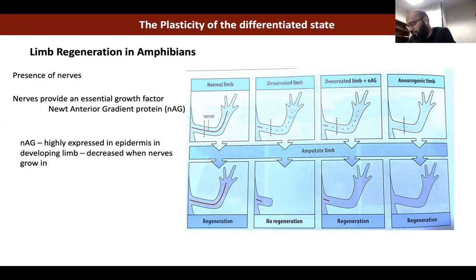So that's why they grew normally. So this dependence on innervation is basically imposed only after the nerves grow in. Before that, the anterior gradient protein was provided by the epidermis, and that's enough for the growth of the limb.